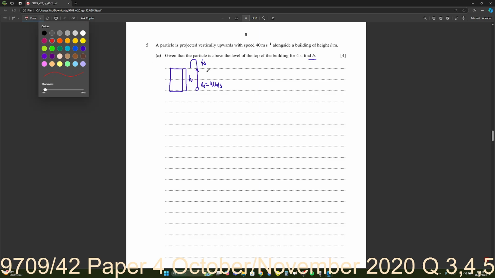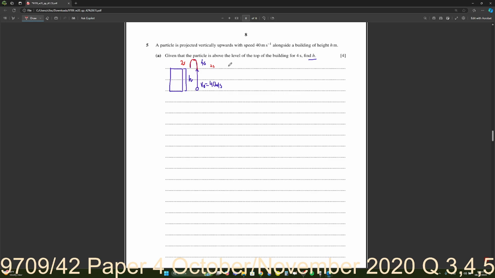If it was 4 seconds for this whole trip, that means to reach the top over here would be 2 seconds, and to go back down would be 2 seconds. Okay, take this as a note always.